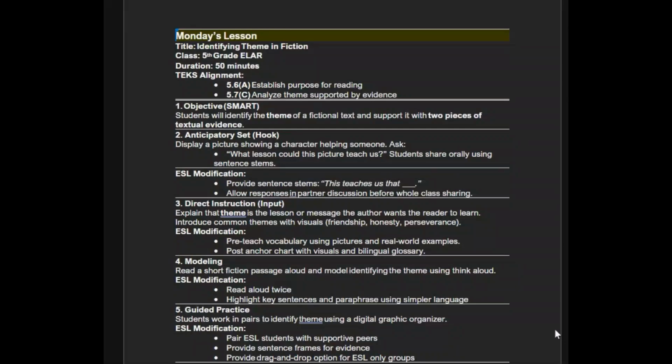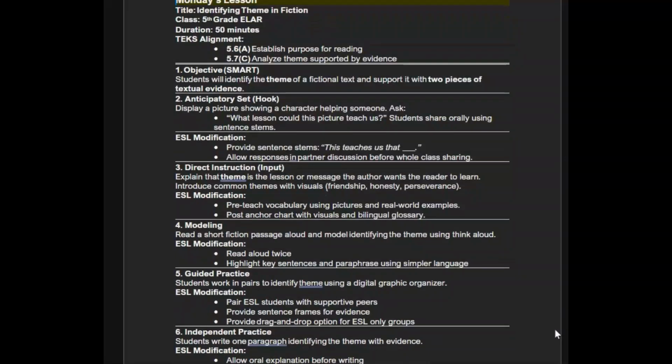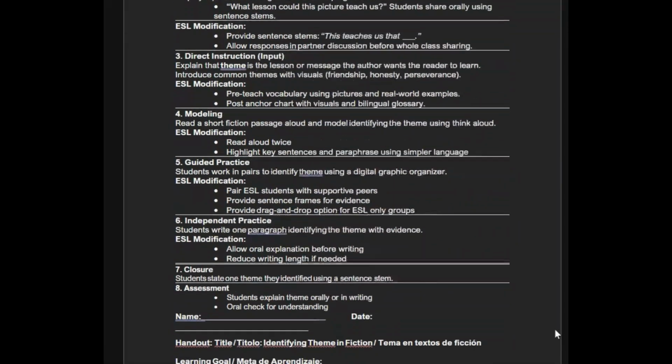All right. They're going to read a short fictional passage aloud, and I model identifying the theme using think aloud. Again, the ESL modification would be to have them read it twice and to highlight sentences and paragraphs, using simpler language to break things down so they can understand it if there's anything complex.